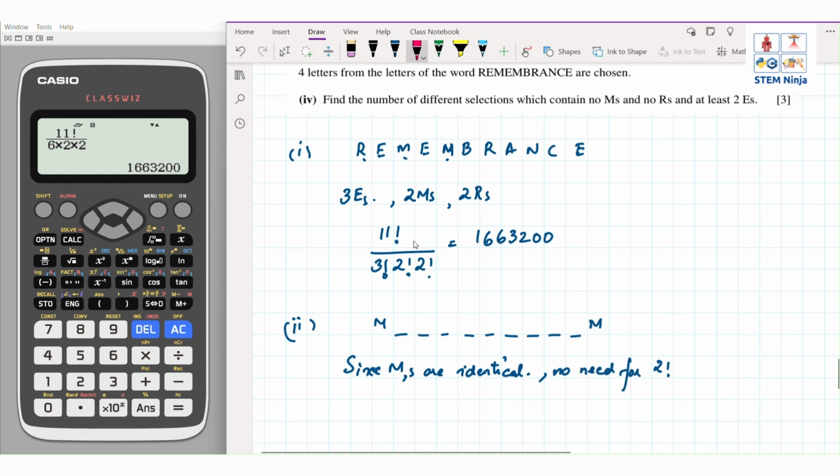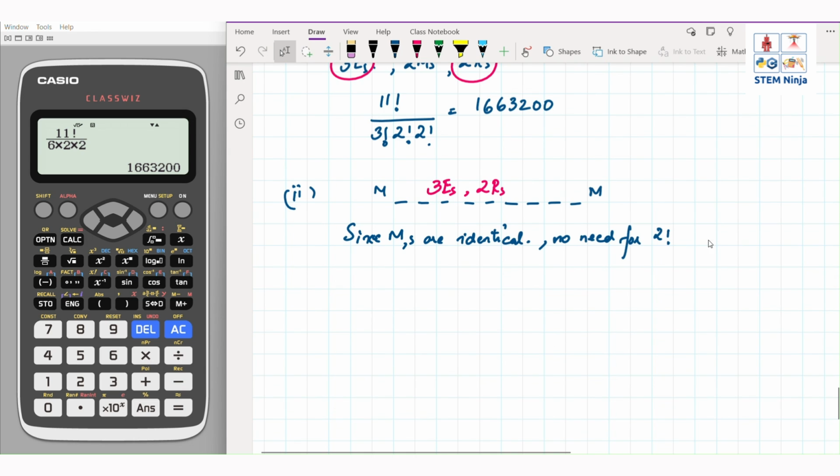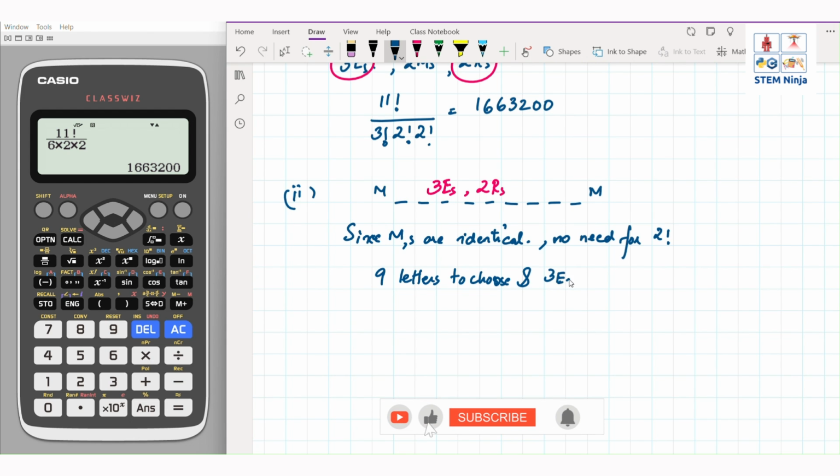However, we still have 3 E's and 2 R's in the rest of the 9 letters over here. So we have 9 places, so 9 factorial. So 9 letters to choose, and 3 E's plus 2 R's are identical.